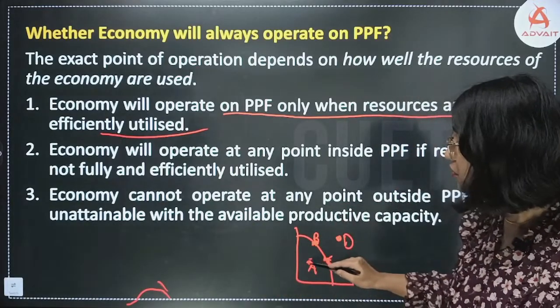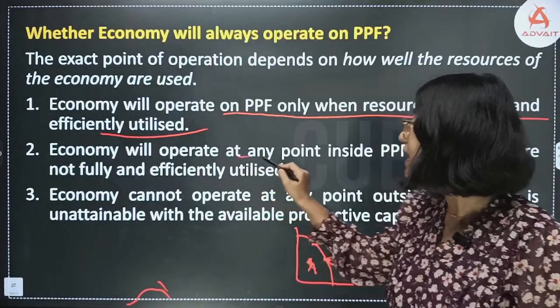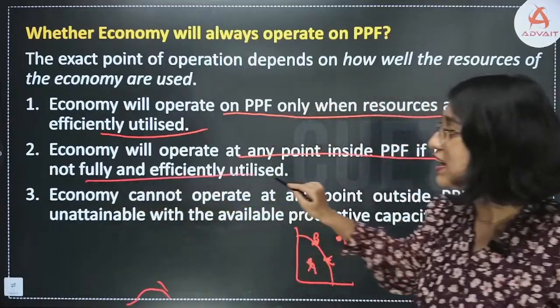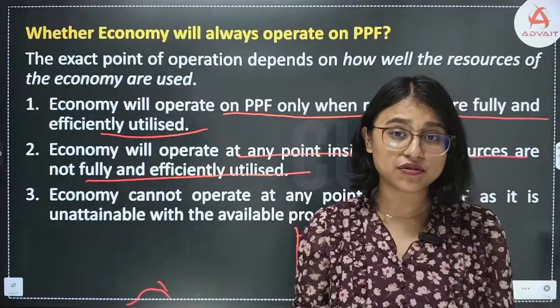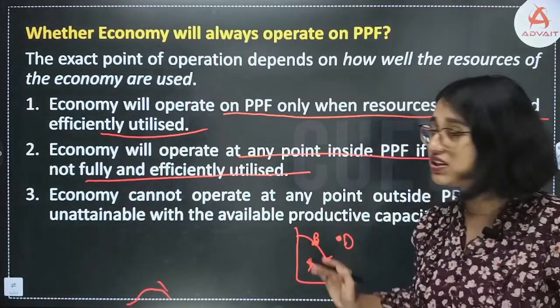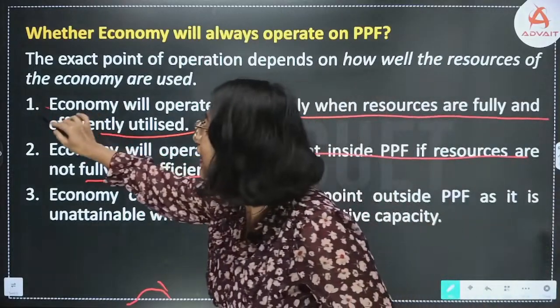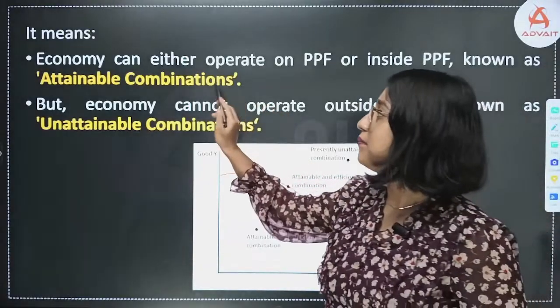The economy will operate inside the PPF when resources are not fully or efficiently utilized. If we have not utilized resources well or efficiently, it will operate below the PPF, but it is a possible condition, and therefore points 1 and 2 can also be said to be attainable combinations.